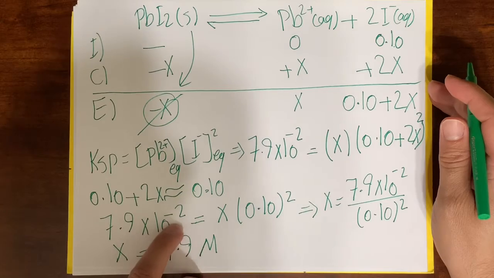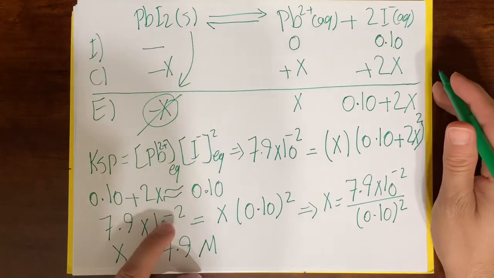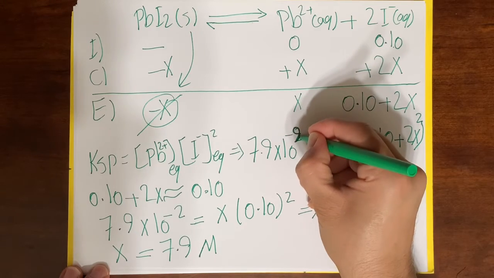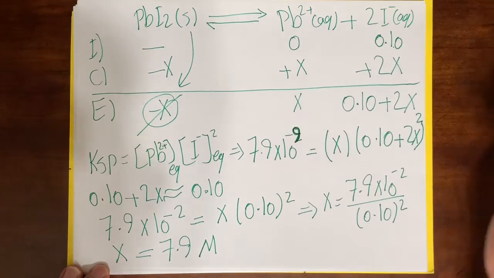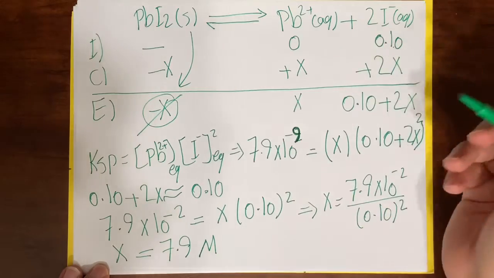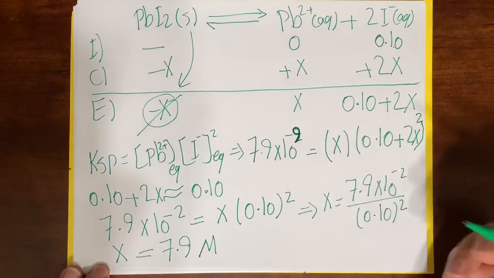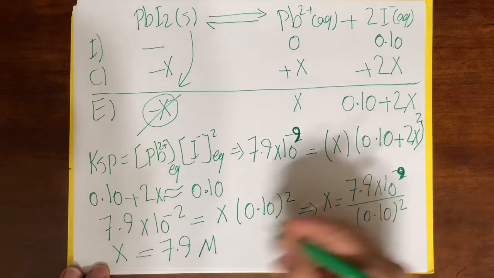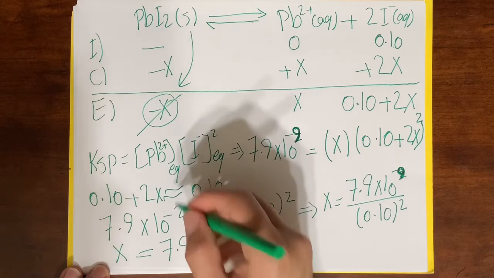That one is 9, not 7. Like I said, it can't be this big a number. This is a huge concentration, so that's the reason I was suspicious.